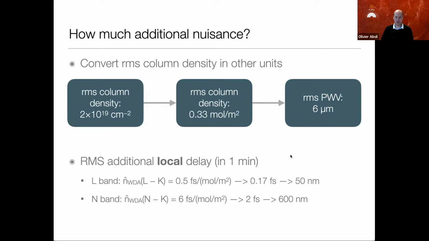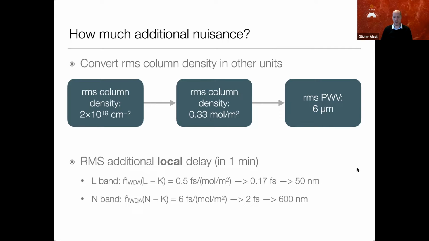And if you convert that into a delay using the normalized refractive indices I already gave before, you get an additional delay of about 0.2 femtoseconds at L band and 2 femtoseconds at N band, which correspond to path lengths that are not negligible compared to what you will get from adaptive optics systems.